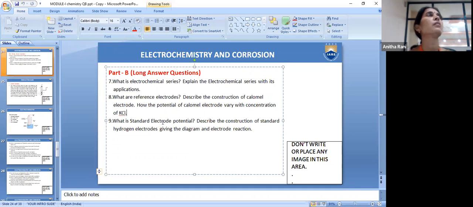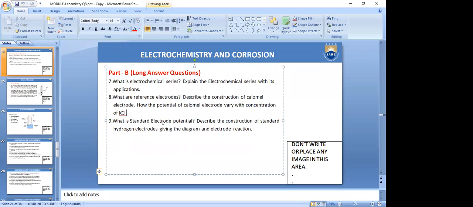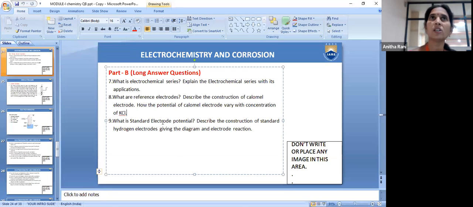Electrolyte concentration is 1 molar, at 1 atmospheric pressure for the hydrogen electrode. So the potential difference between electrode and electrolyte, taking concentration 1 molar at 25 degrees centigrade, is known as standard electrode potential.